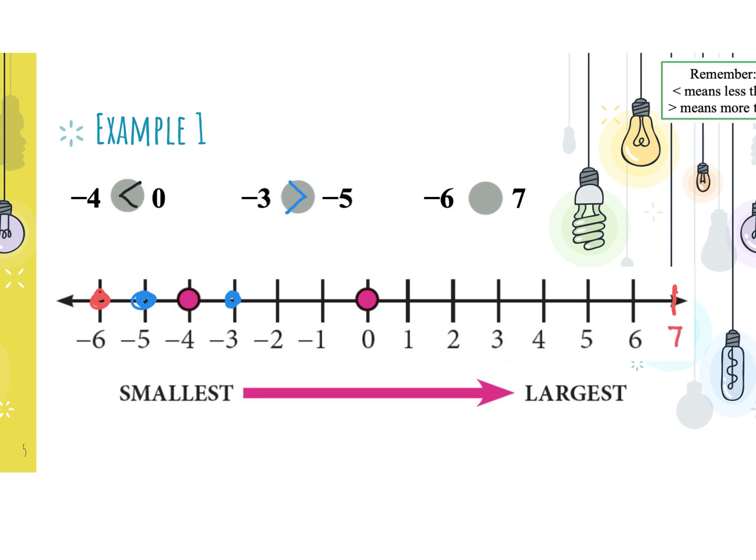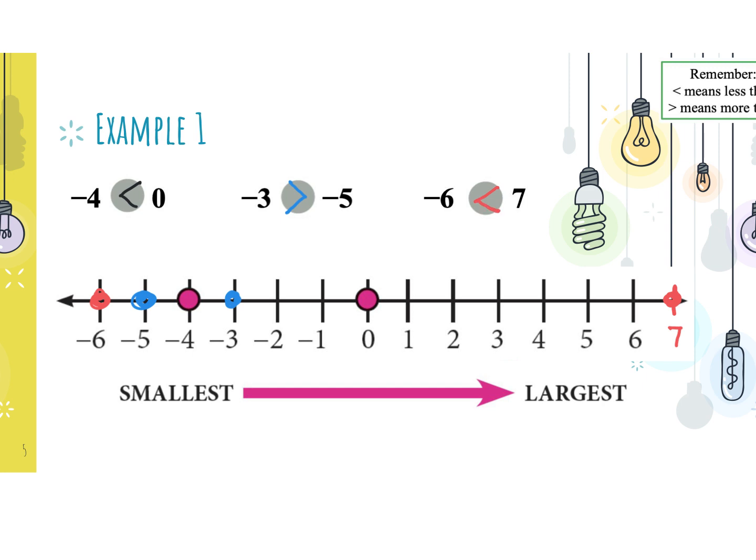I keep on saying negative 7. We'll make 7 there, place the dot on there, and it's obvious that 7 is furthest to the right of negative 6. Therefore, negative 6 is going to be the smaller of the two. In other words, negative 6 is less than 7.